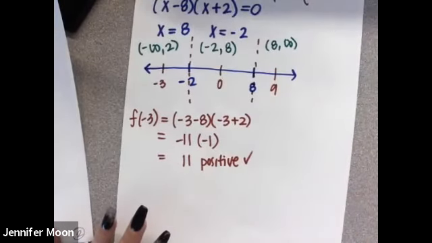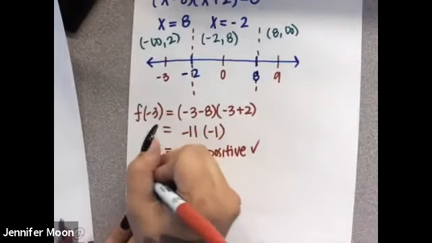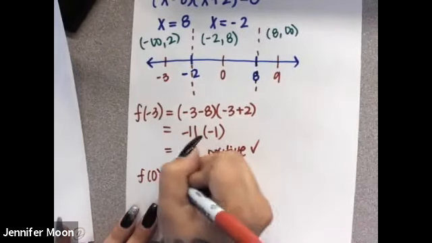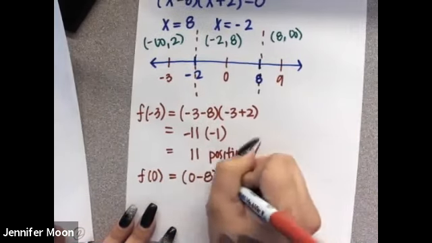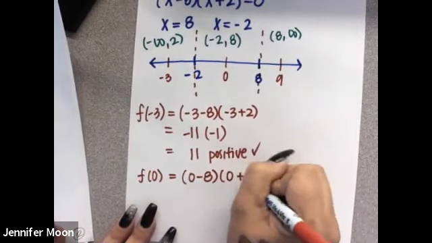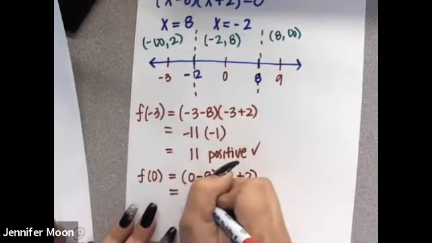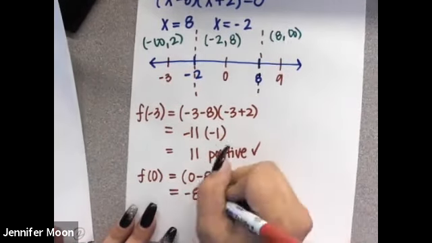Okay, so now we're going to do the other test point, which is 0. F of 0 equals, okay, so open 0, -8, close, open 0, +2, close. Signs are different, so you subtract, keep the sign of the larger.